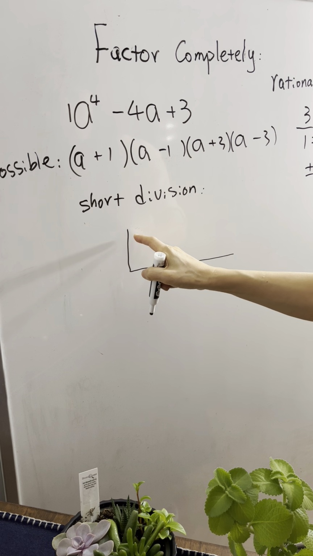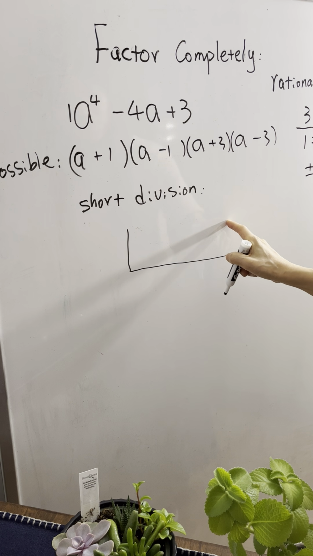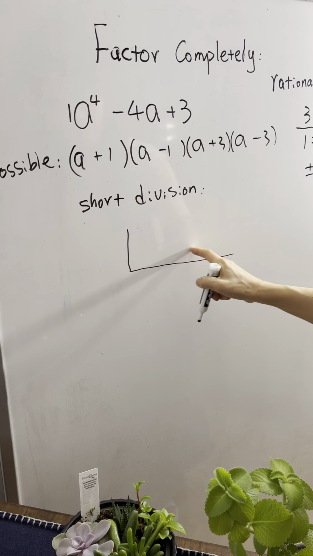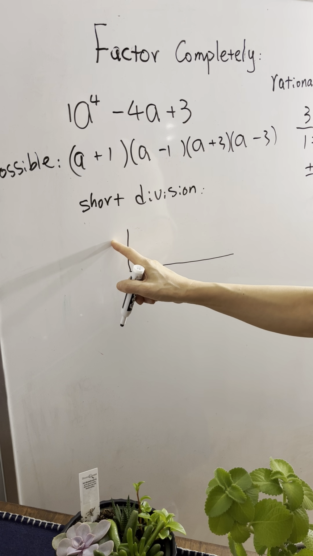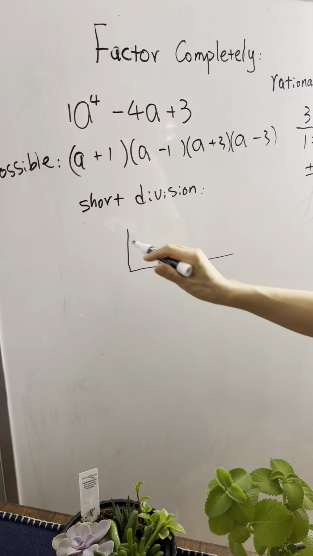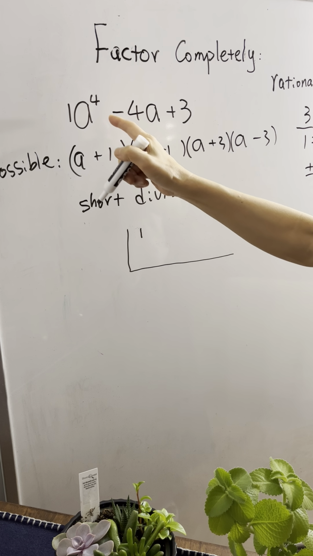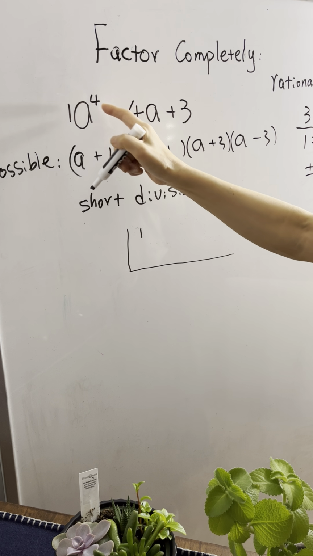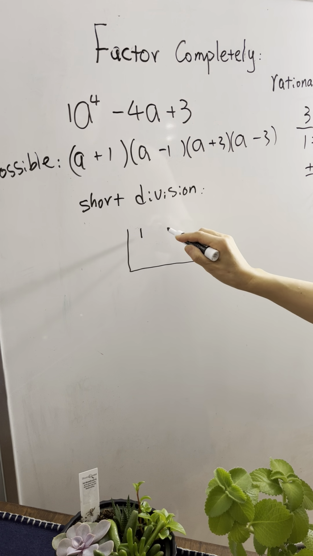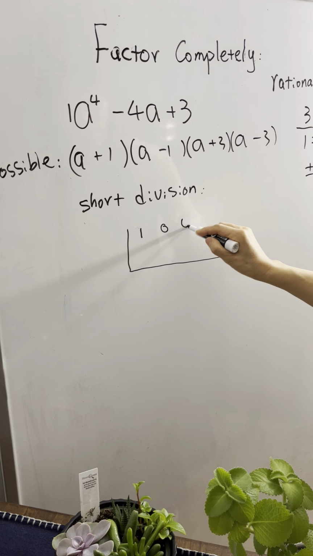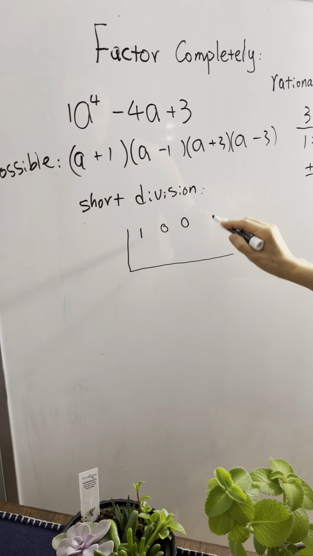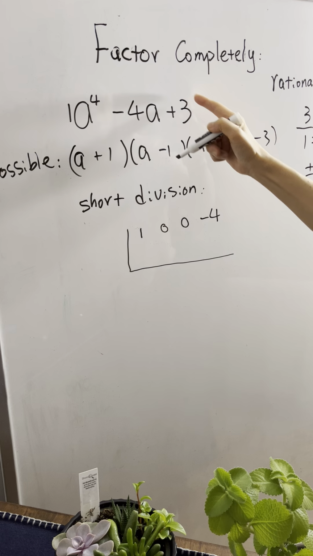So I'm writing down the coefficients on this line, then leaving one row empty, then whatever factor I'm guessing, I'm going to put over here. The leading coefficient is 1, right? The next term should be a cube, but I don't have a cube here, so I'm going to write down 0. I don't have a square, so I write down 0. Then the next term is a, coefficient is -4. Constant term 3.